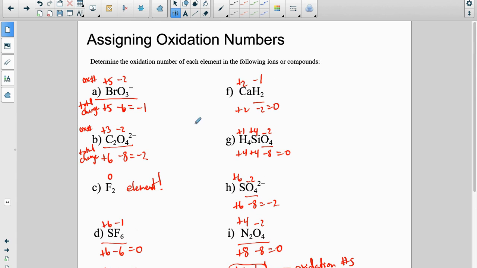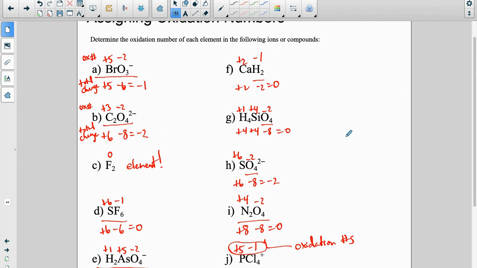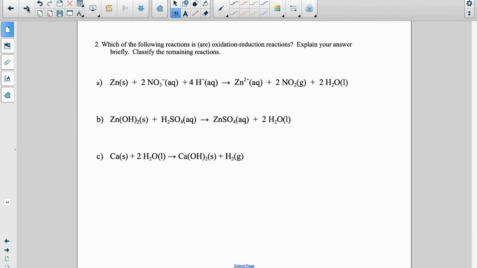All right, so now that we know how to assign oxidation numbers, let's see if we can identify in reactions whether reduction and oxidation are happening. So in order to classify these reactions, it says here, which of the following reactions are oxidation-reduction reactions, we're going to have to assign oxidation numbers.